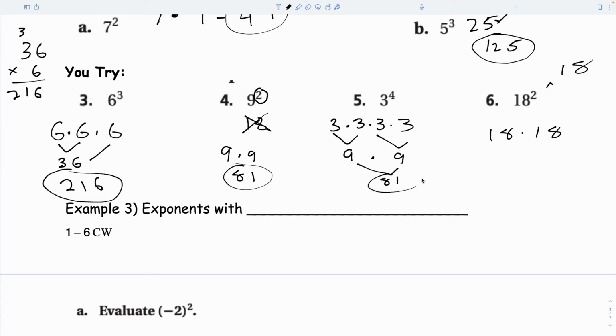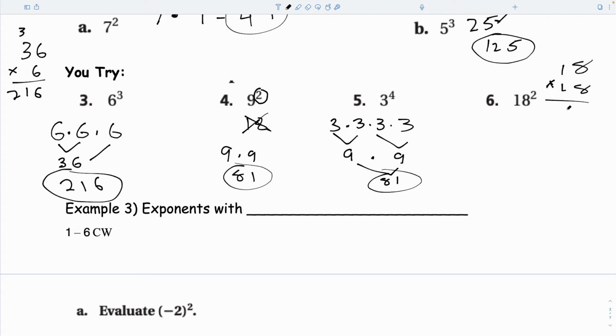Okay, that's your answer. And 18 squared, anyone already do 18 times 18? If not, let's just jot down the answer from our teammate Cordelia. What'd you get? 1584? Agree with that? That's a big number.